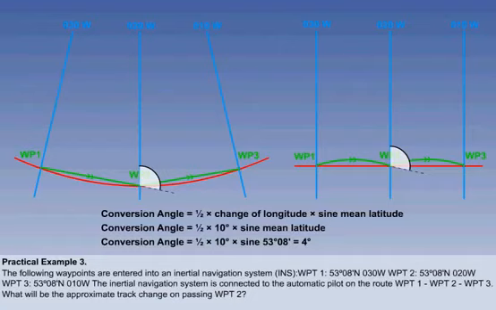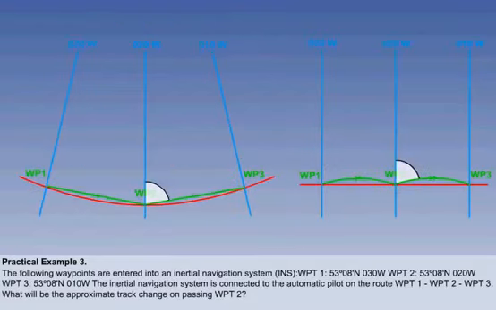You should have answered 094. And what is the Great Circle track angle immediately after the waypoint changeover? It's 086. So at the waypoint changeover, there is an instantaneous track reduction of 8 degrees.